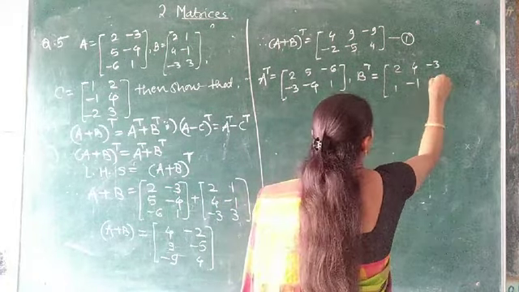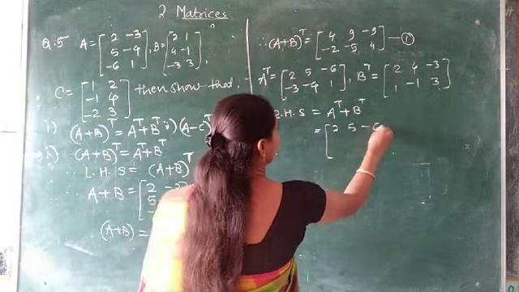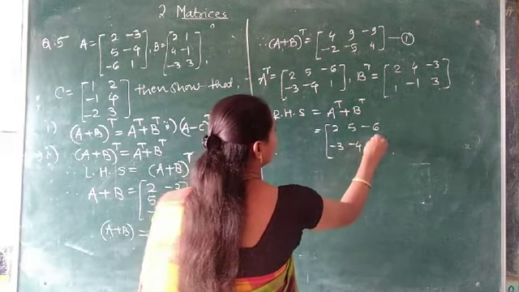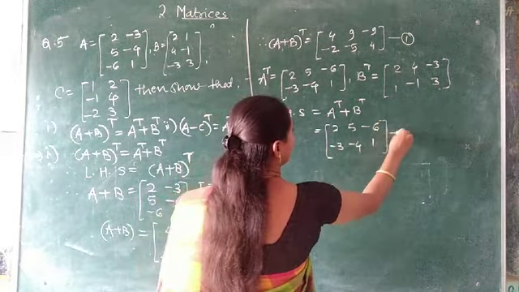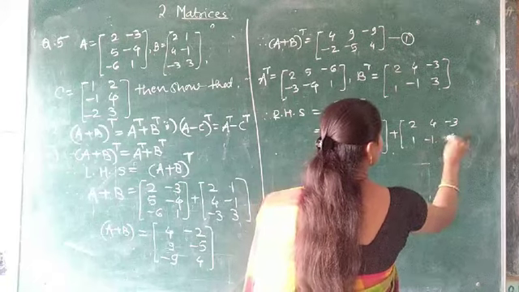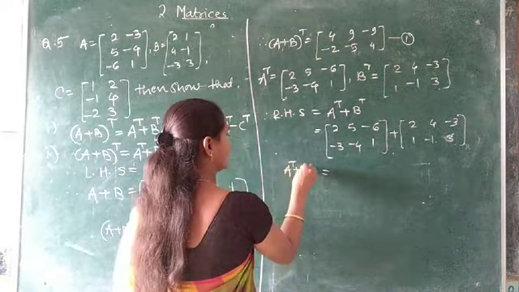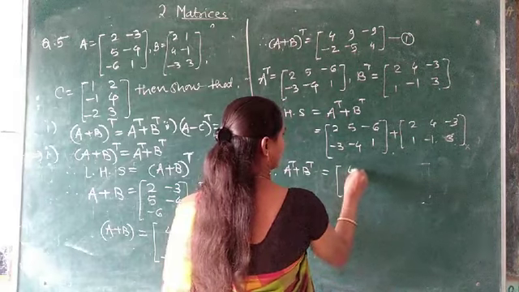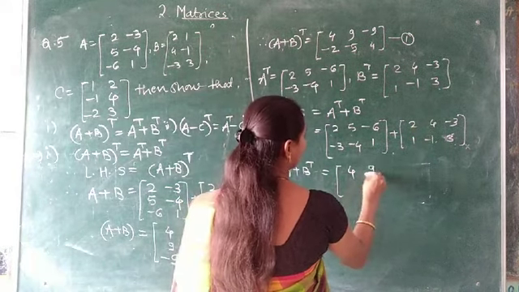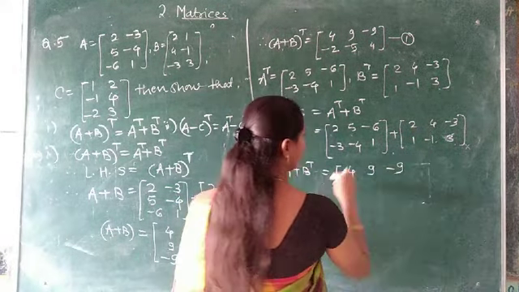Take the addition of both of them. A transpose plus B transpose is equal to 2 plus 2, 4, 5 plus 4, 9, -6 minus 3, -9, -3 plus 1, -2, and -4 minus 1, -5, 1 plus 3, 4.